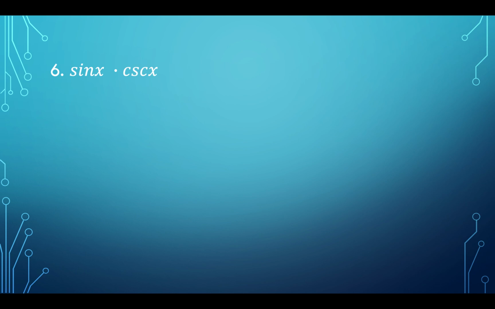Anytime you see CSC, SEC, or COT, I would always go ahead and replace that with something. So this problem, we don't have to replace sine with anything. What could we replace cosecant or CSC x with? CSC of x from that chart is equal to 1 over sine of x.